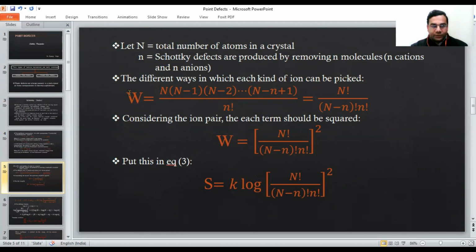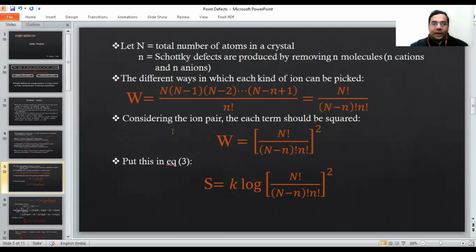We got this relation from the concept of probability, which is the probability of picking small n ion molecules from the total capital N molecules. Eventually, this expression becomes N factorial over N minus n factorial into n factorial.